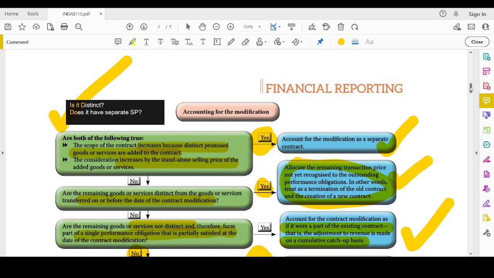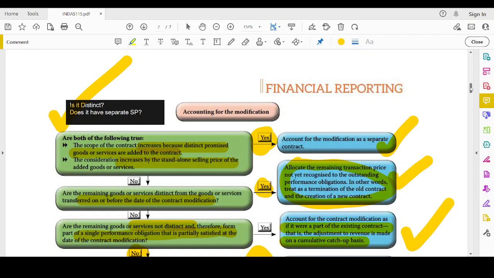Accounting for modification. If both of the following conditions are satisfied, it will be treated as a separate contract. The modification results in an increase in rights and obligations, an increase in the goods or services to be transferred, and the consideration also increases in such a way that it matches the standalone selling price.